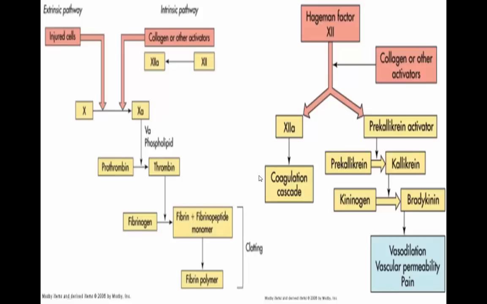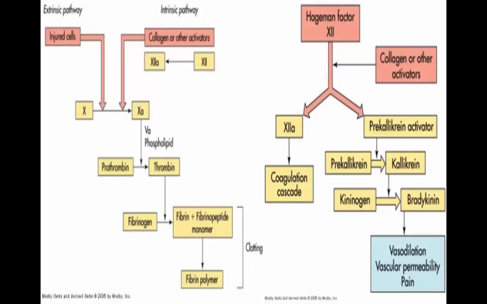In addition to that, there is a conversion of plasma prekallikrein to kallikrein for the formation of factor 10A, which is the Hageman factor. The kallikreins are present in saliva, sweat, tears, urine, feces, etc.